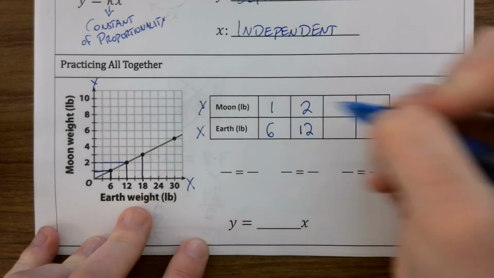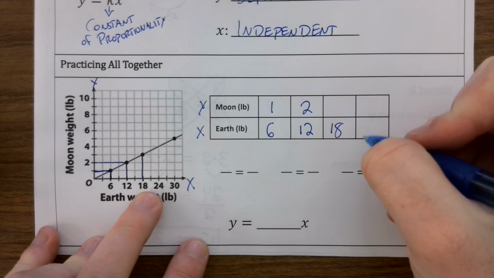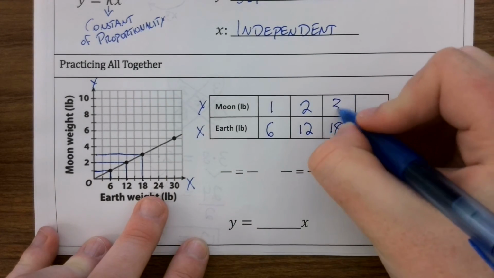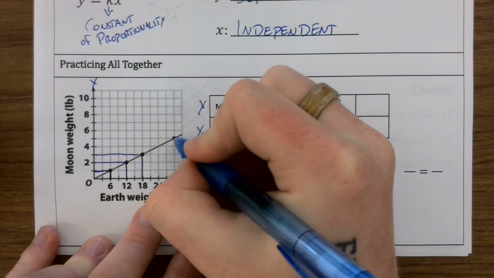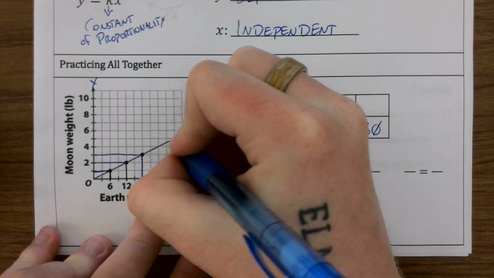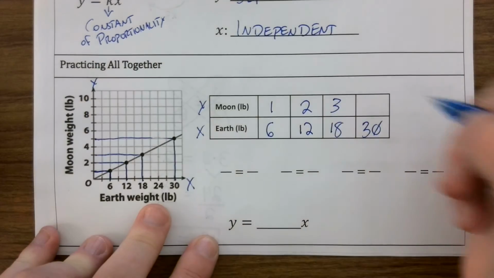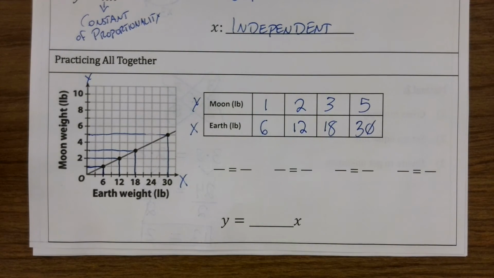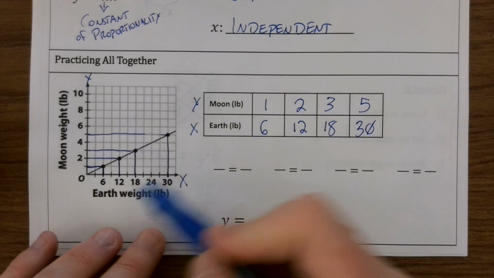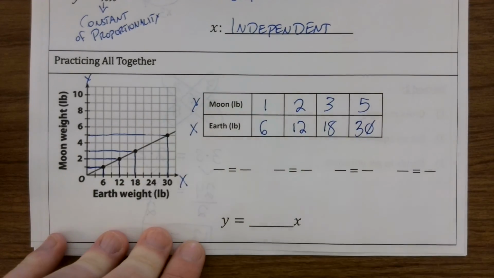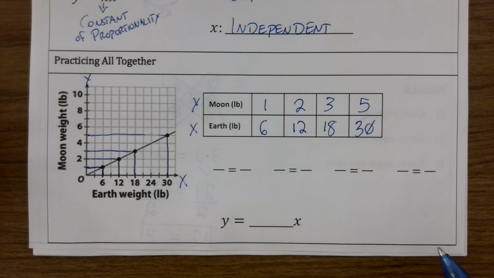Here we have 18 earth pounds is equal to, between 2 and 4 is 3 moon pounds. And lastly, we have 30 earth pounds to 5 moon pounds. So we used our graph to fill in our table. So this information and this information are the same, represented in different ways.